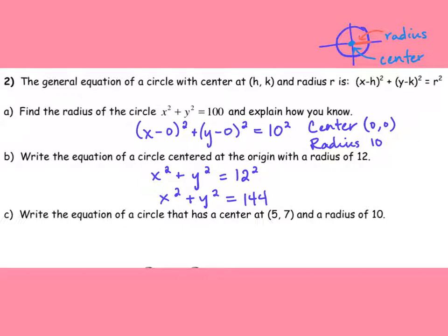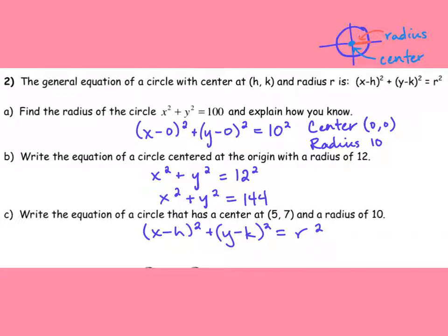Write the equation of a circle that has a center at 5, 7 and a radius of 10. So I have my x minus h squared plus y minus k squared equals r squared.